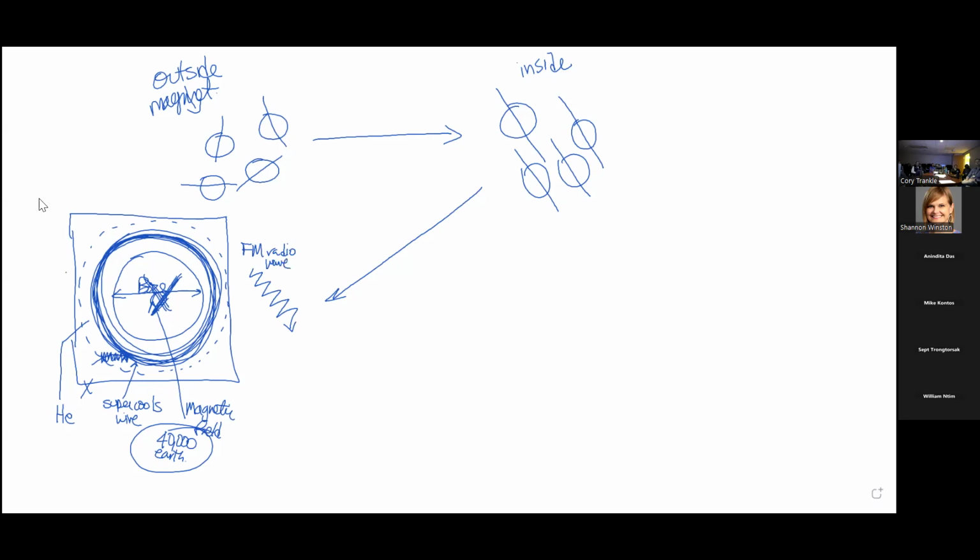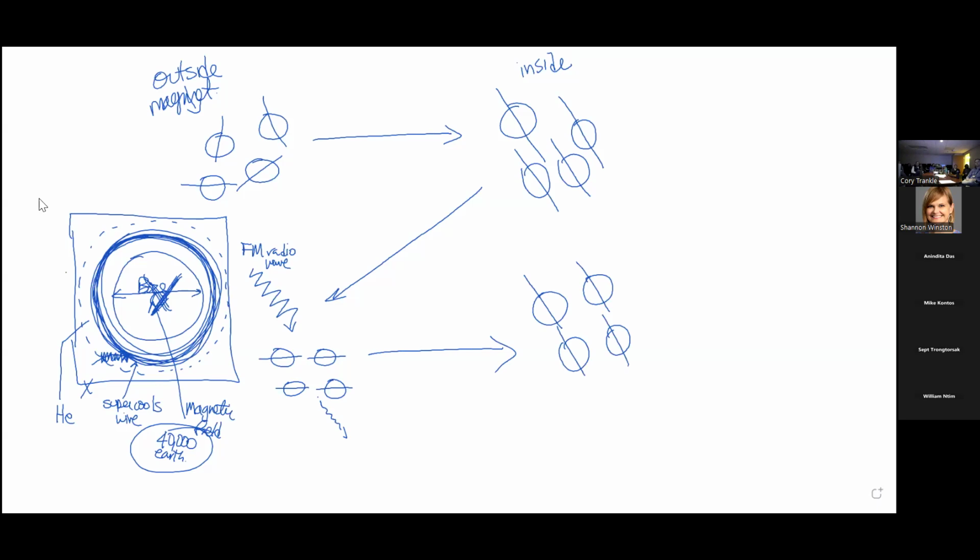And so what does that do to those hydrogen nuclei? They tip their spins like this. Okay. And then after the FM radio wave has passed through, the protons go back to their orientation in the magnetic field like that.